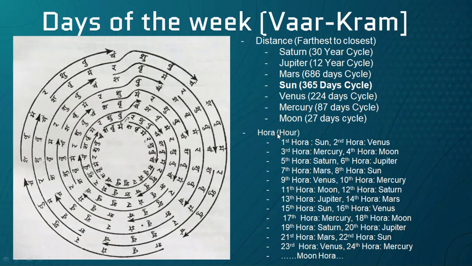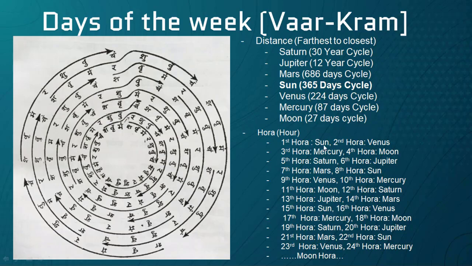A day has 24 horas, and in Hindu astrology each hour of the day has been assigned a planet as its lord or ruler. Coming back to where I started, the distance aspect of the different planets, every hour has been given a lord.